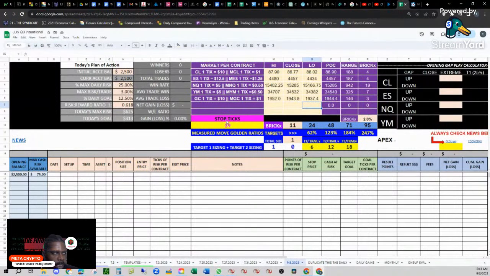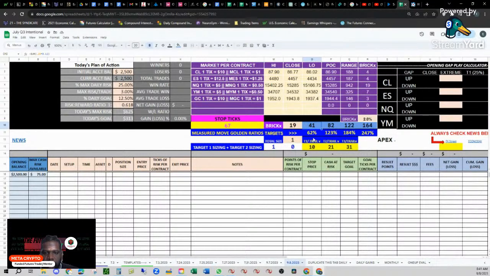And then down here we've got some more equations that let you know what kind of targets you should be going for. So here, if I change this to a 19 brick for the Nasdaq, I should be looking for 41 ticks, 82 ticks, 122 ticks, and 164 ticks if I'm going to get these percentages, which is a golden ratio.